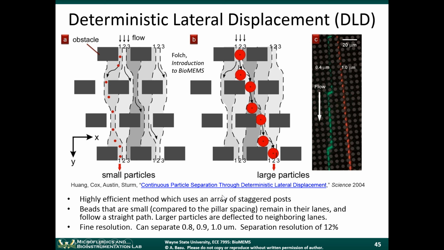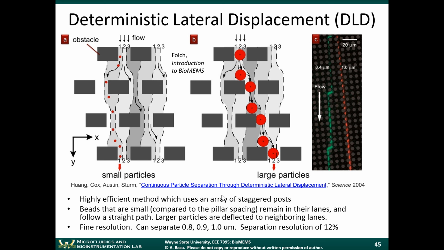All right. You may have to look at this a few times to really get a feel and intuition for this concept, but the key is that the posts are at an angle. This works best with particles that are either smaller than the spacing between the posts or almost at the spacing of the posts.